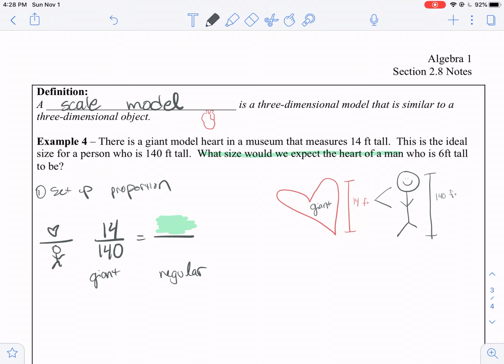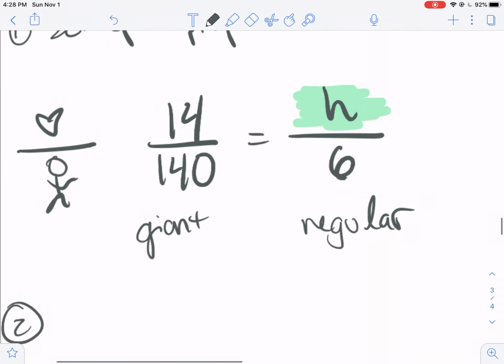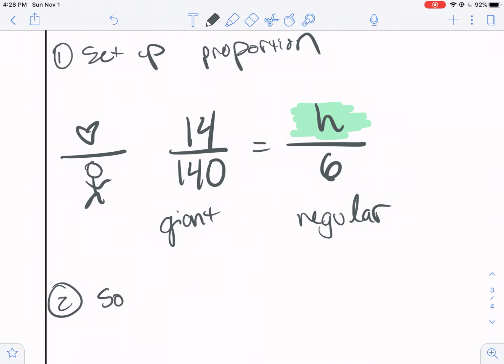Oh, we didn't define our variable. Let H be size of his heart. And then his height is 6 feet tall. Hey guys, check out the proportion. Now that we have this amazing proportion, let's solve it.